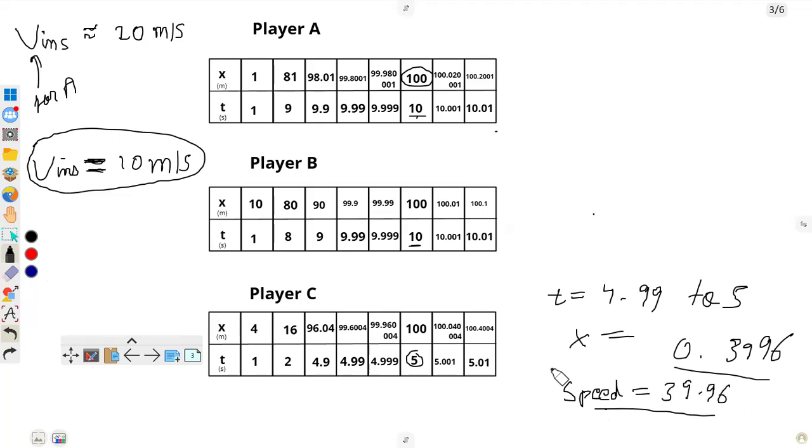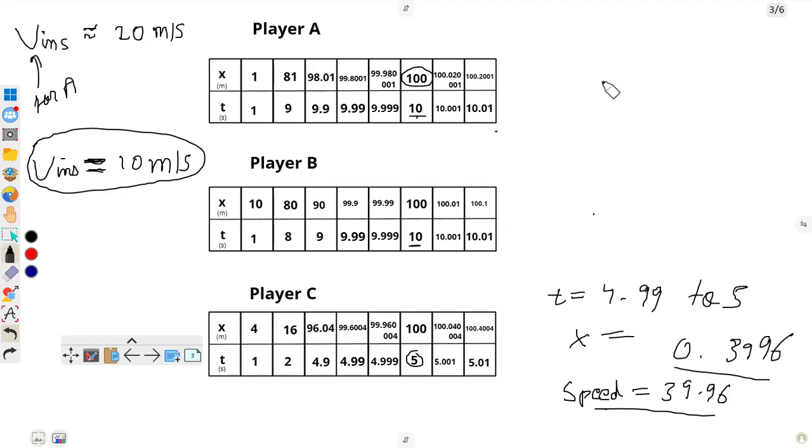Looking at this figure, we can already say that player C has definitely won the race, right? I mean, its speed is more than 10, more than 20. It's 39.96.